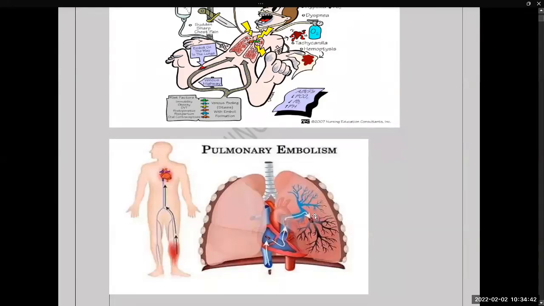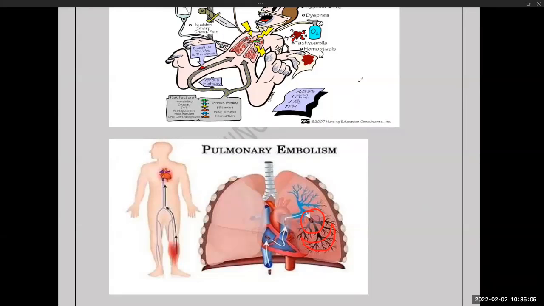See here, the clot got obstructed here. There is an obstruction. As a result of obstruction, the blood supply is reduced throughout this area, and the color is changed and it becomes hypoxic. Clear? Yeah, this is pulmonary embolism.